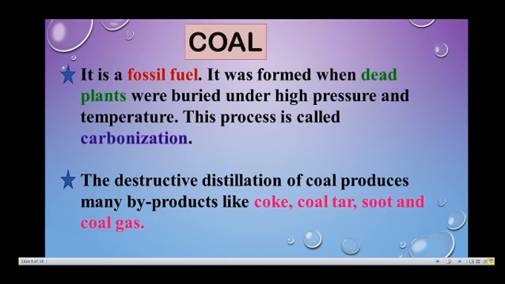Destructive distillation is nothing but heating a substance strongly in the absence of air. So if we heat coal in the absence of air, it produces many products. Some of the products are coke, coal tar, soot and coal gas. Now we will discuss coal and its byproducts one by one.